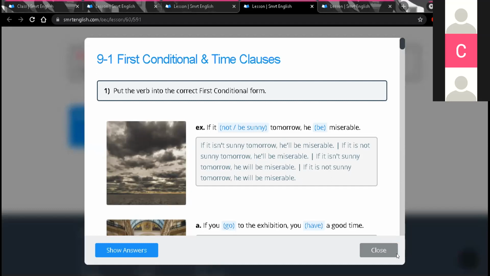Okay, Getting Smart. This is the link, smartenglish.com. Are you ready to enter there? Enter with your Gmail. And when you are there, go to the 9.1, and at the bottom of the web page, you're going to find this exercise.